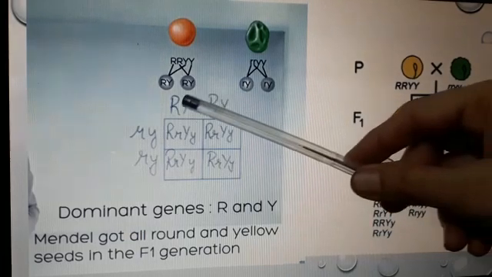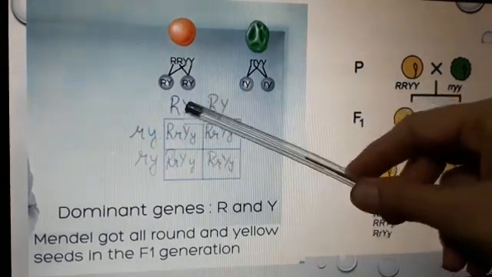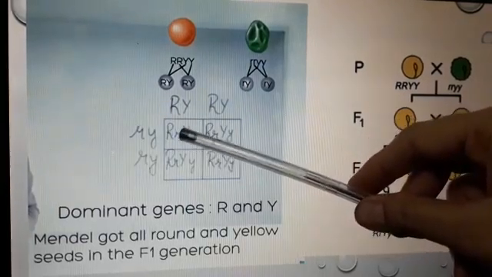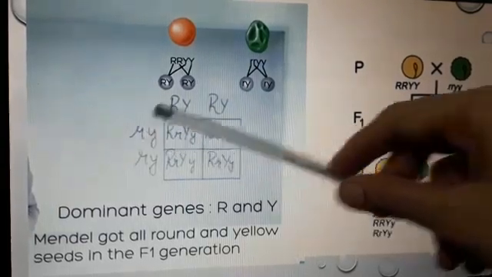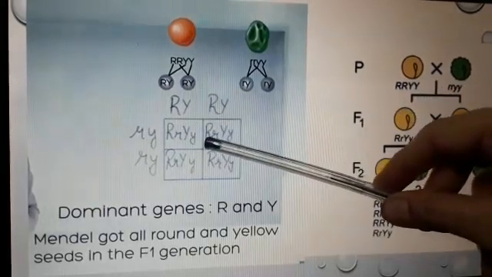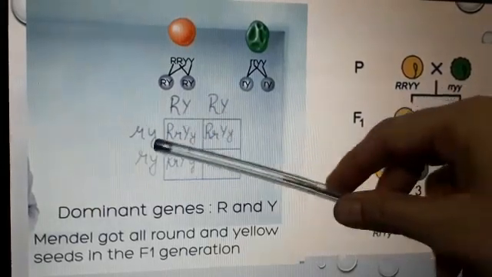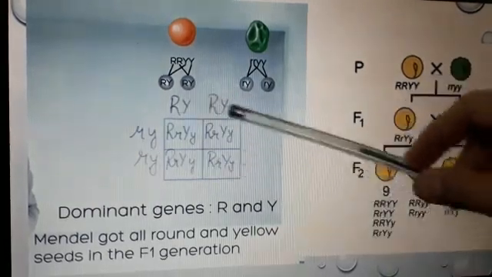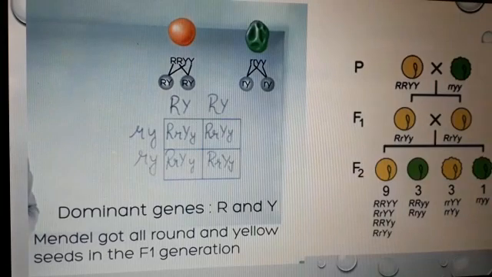If they are crossbred with one another, they will produce offspring as capital R, small r, capital Y, small y. These two will also produce capital R, small r, and capital Y, small y, and all will have the same genotype, that is capital R, small r, and capital Y, small y.